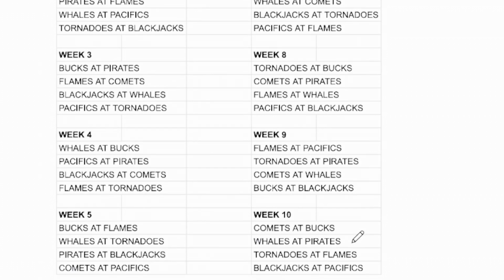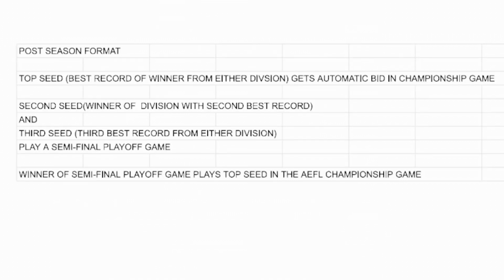As you look that over, I'm going to now touch on the playoff format. So the top seed for the playoffs will be one of the division winners. Whoever has the best record as a division winner will be the top seed. And the top seed gets an automatic placement in the championship game. The top seed will then wait for the winner of a semifinal playoff game between the second and third seed teams.